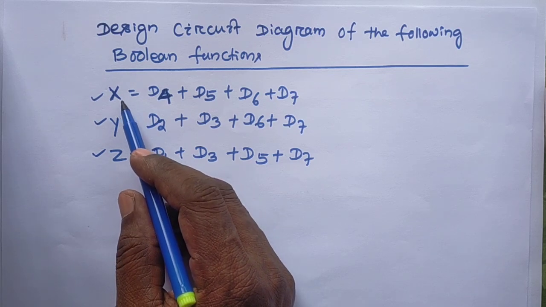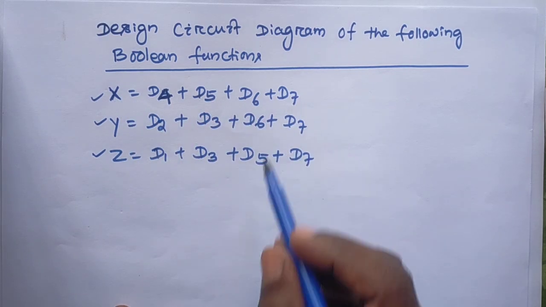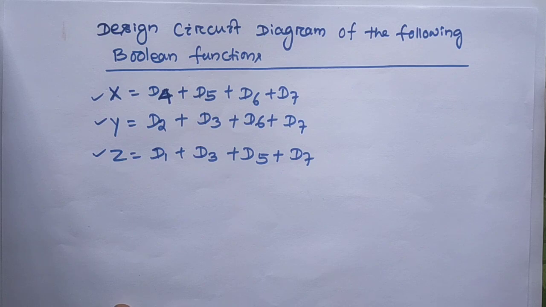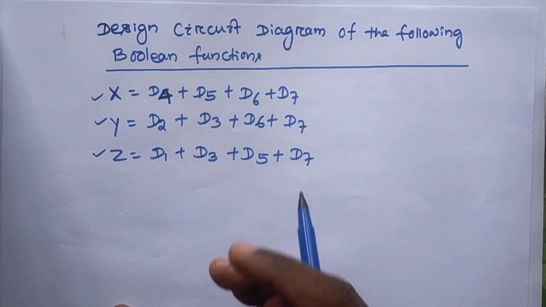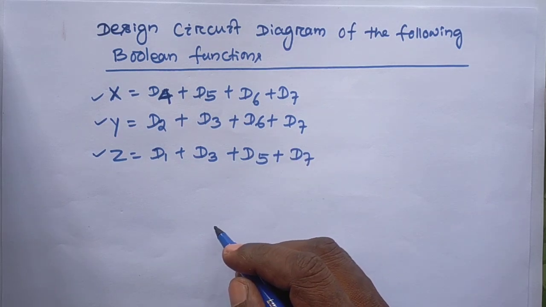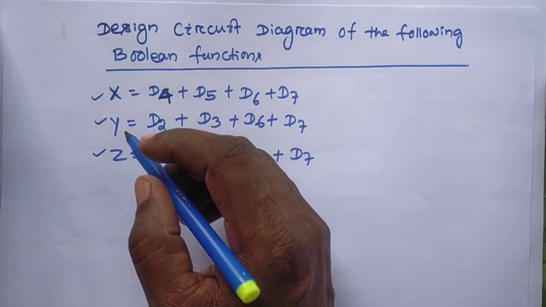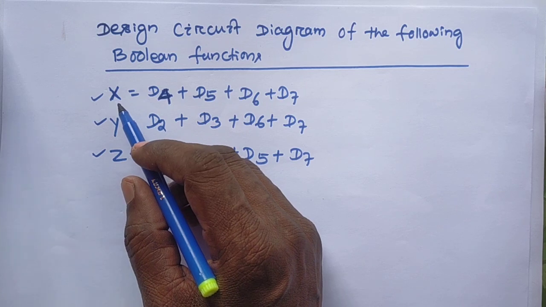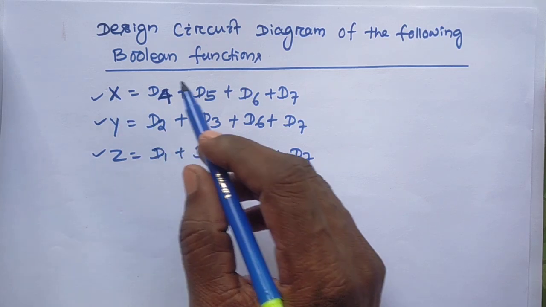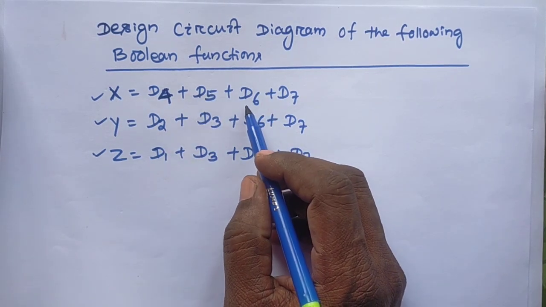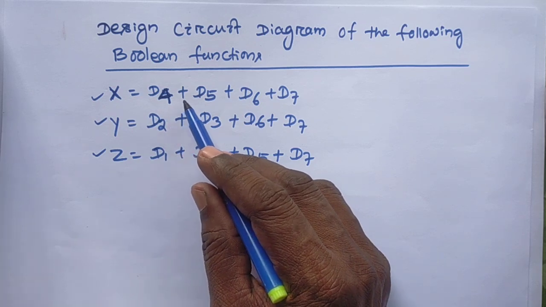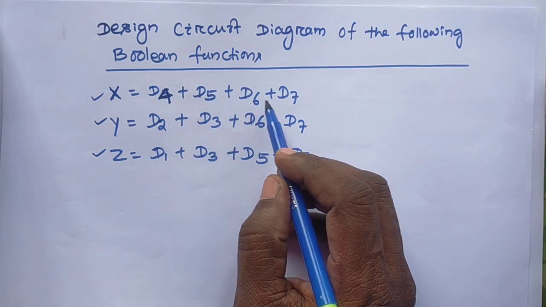X output depends on D4, D5, D6, D7, and similarly Y and Z accordingly, and we take an OR gate. So for the X output, we consider one OR gate based on four inputs D4, D5, D6, D7.